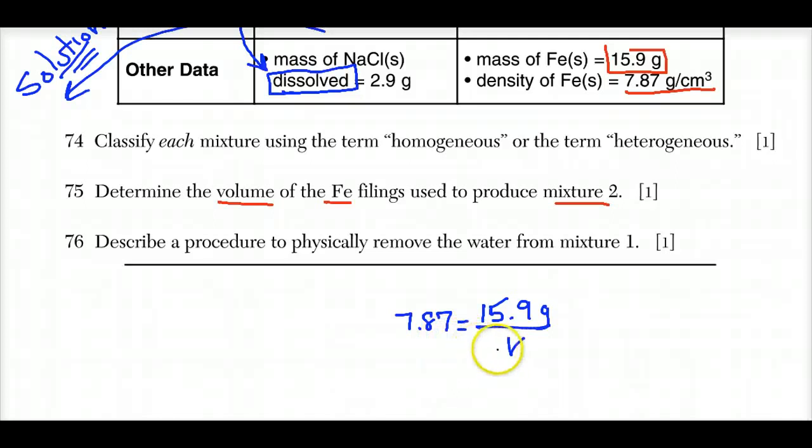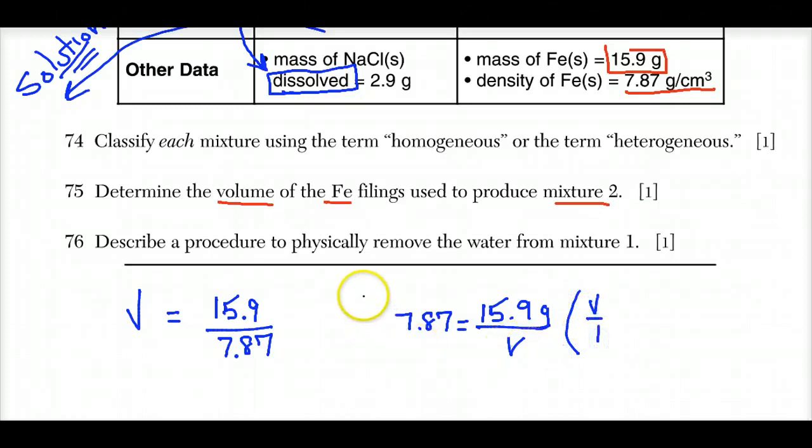Okay, and now this becomes just a math problem. And algebraically, V is equal to 15.9 over 7.87. Now, what did I just do there? I just switched the V here, but what I did was I multiplied this side of the equation by V over 1. Notice the V's cancel.